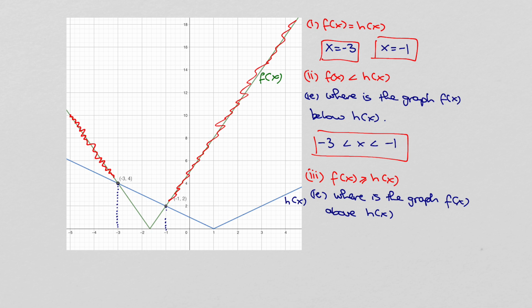So that basically means that if I go to the left of the graph from -3, and if I go to the right of the graph from -1, then the green graph, f of x, is always going to be above the blue graph, because you can see the two lines are diverging away from each other. So they're never ever going to intersect again. So therefore we write our answer as f of x is greater than or equal to h of x when x is less than or equal to -3, or when x is greater than or equal to -1.